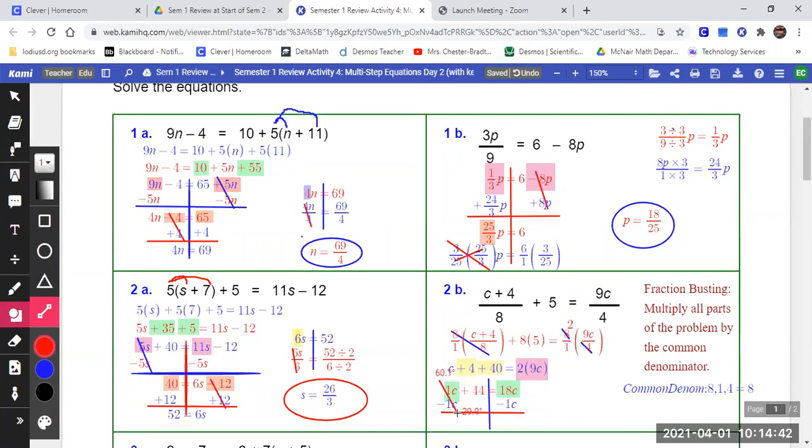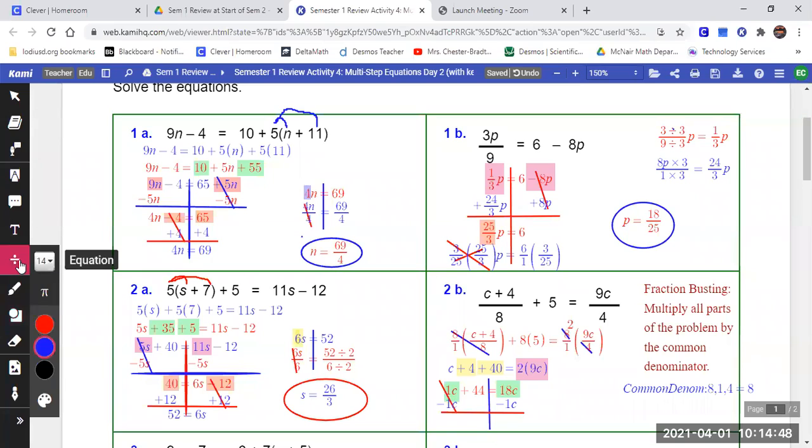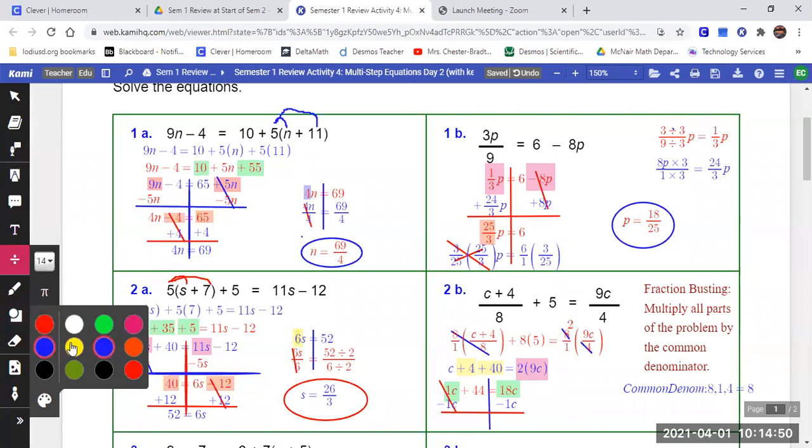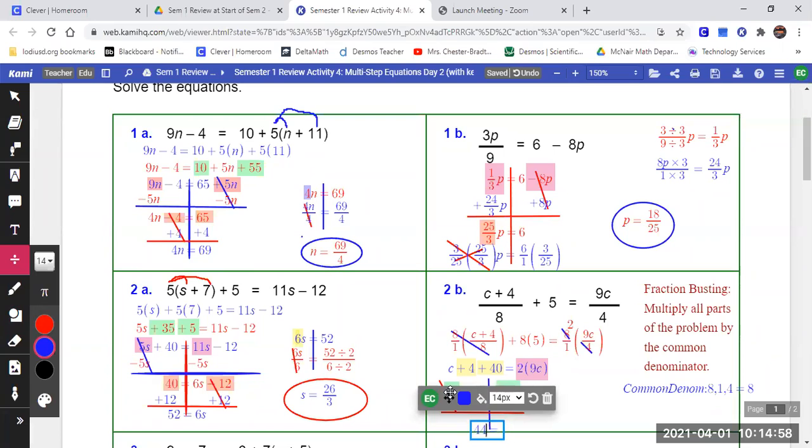That created a 0 for that left part, but we still have the 44, right? What's the right-hand side going to say now? Do our math. 17c, because 18 minus 1 is 17.